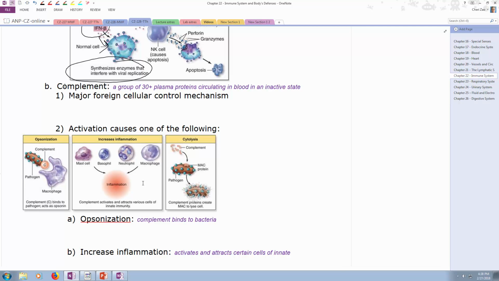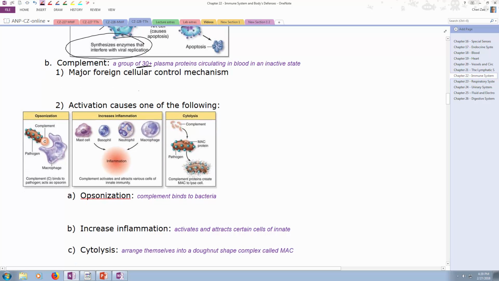Complement. Again, these are the proteins that are now surrounding the pathogen itself, creating what I call your own protein moat. So there are over 30 plasma proteins circulating in the bloodstream in an inactive state until they get activated. They need a specific environment for their activation, just like clotting factors needed specific things to activate them. I've changed the notes up a little bit. It flows a little bit better for me, so it's going to be a different organization for you guys.